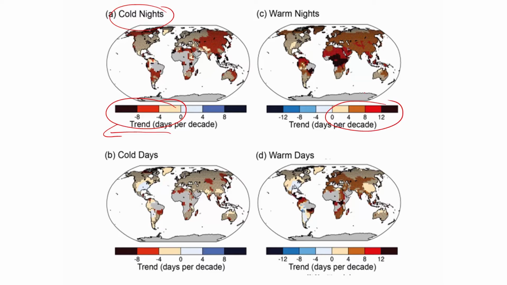This is what global warming can be expected to do. The number of cold days is also generally decreasing or not changing that much, whereas warm days are increasing quite a bit. So, India is now beginning to have lots of warm nights and warm days.